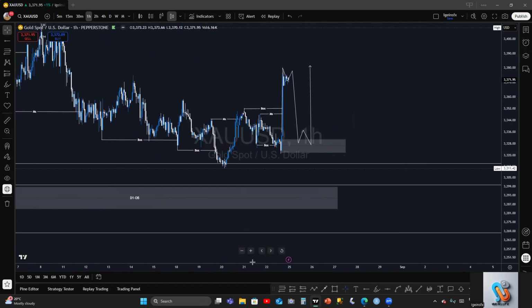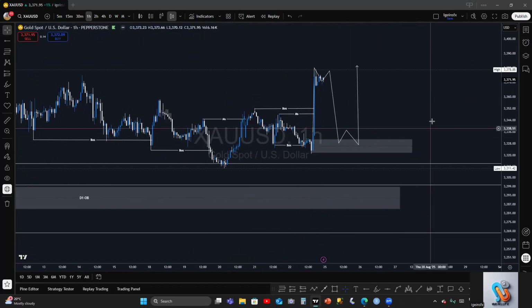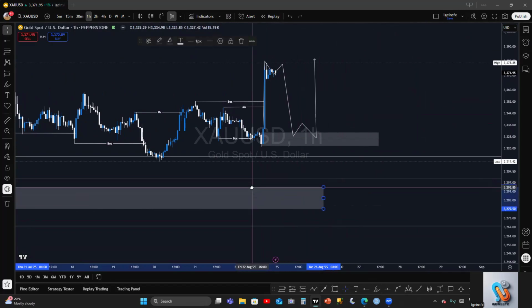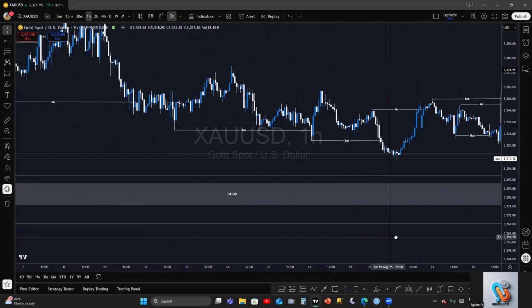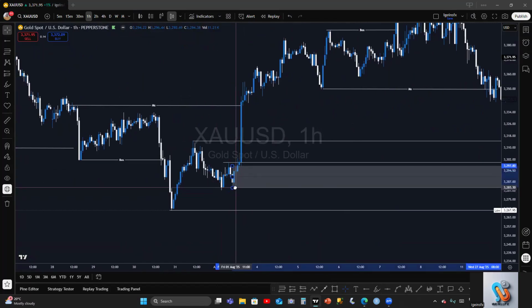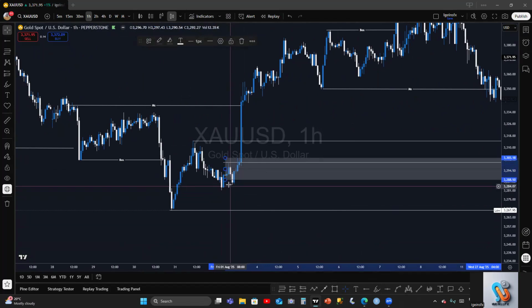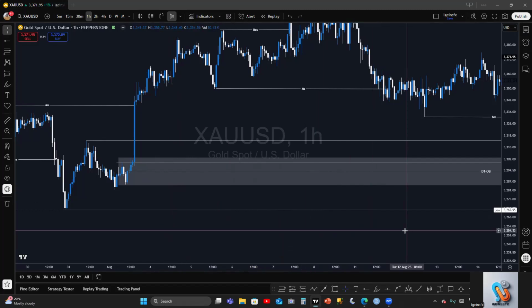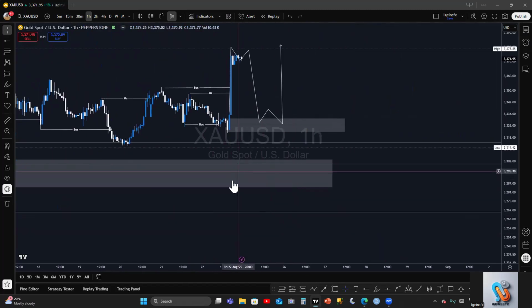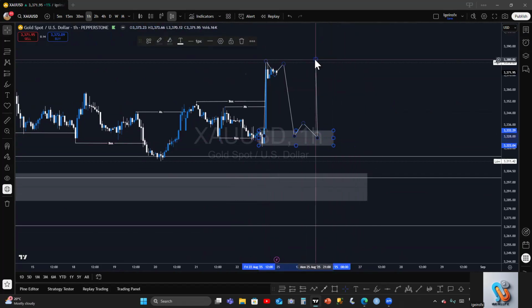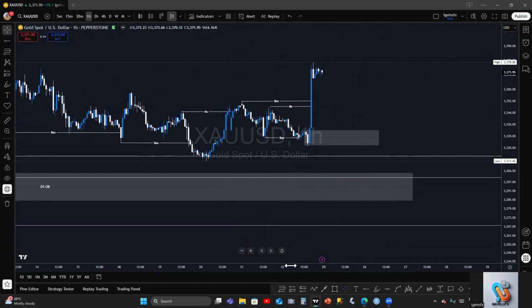But if you are somebody that is not patient enough to wait for price to return to this level, what you need to do is you have to jump on this, all right?